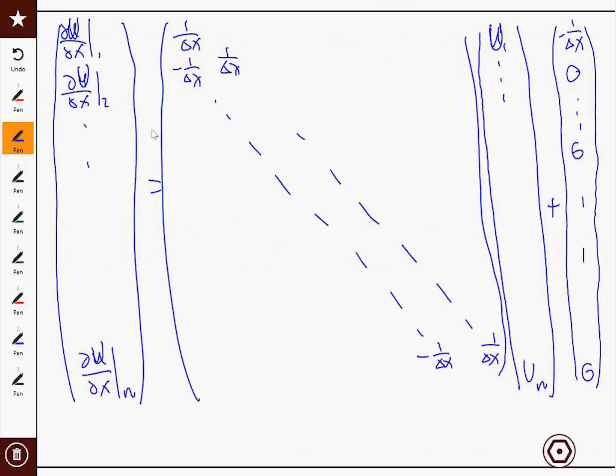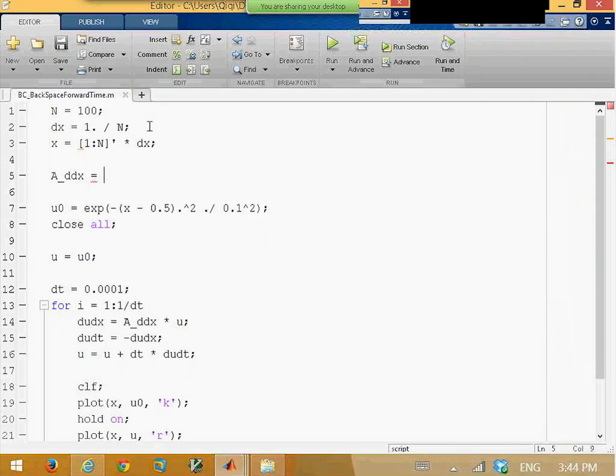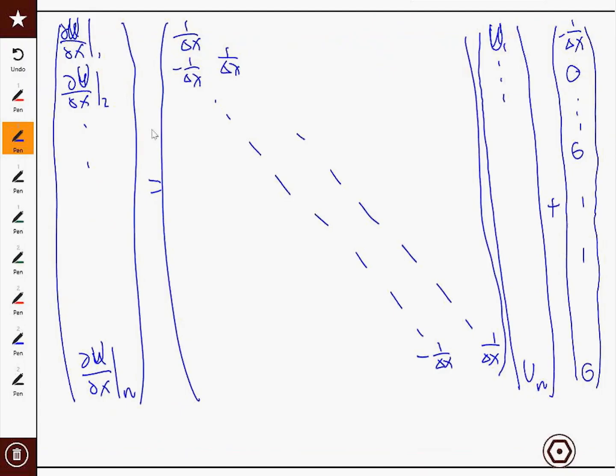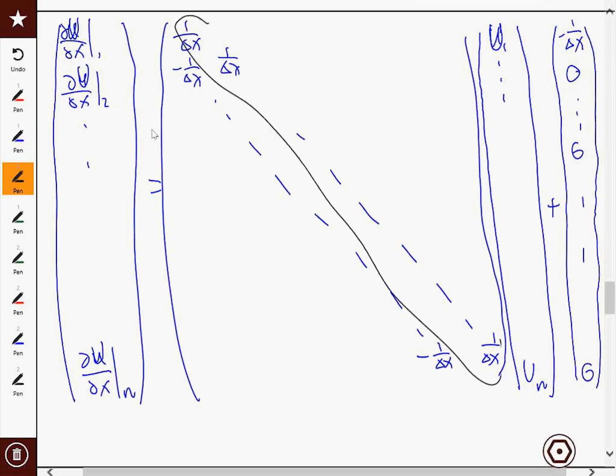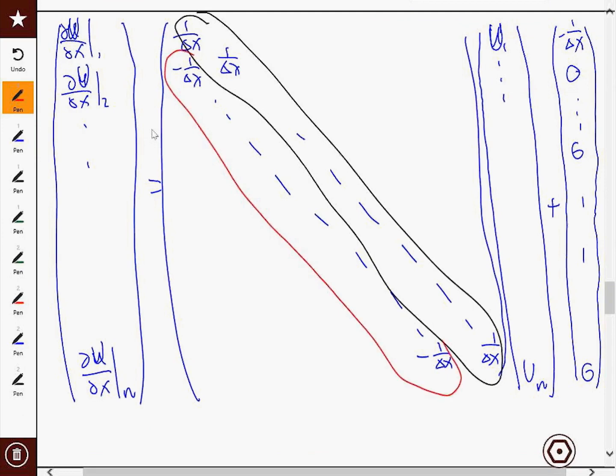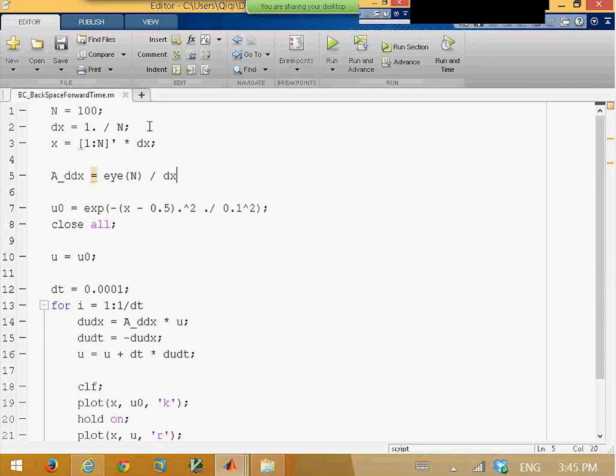If you look at what the matrix is like, I still have the diagonal term to be exactly the same. I still have my identity of n divided by delta x. So that is this part. Now I also have my red part, which is not exactly a circular shift of an identity matrix. So here I'm going to use the function called diag.